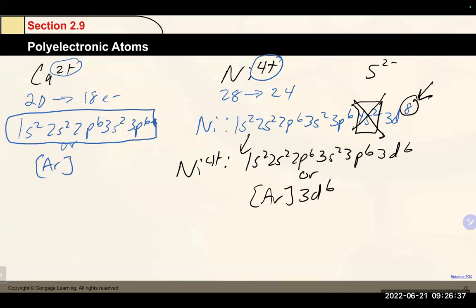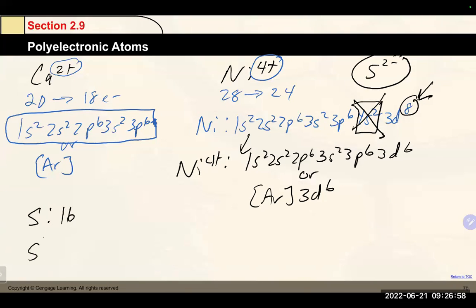And again, because nickel is a transition metal in that middle region, that will always happen. Once again, they will always lose those s electrons first. Lastly here, sulfur, which is number 16 on the periodic table.